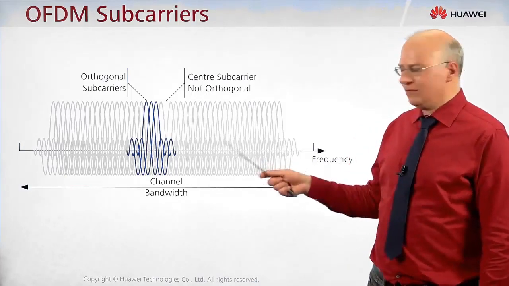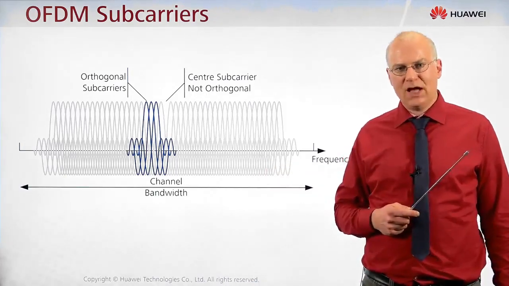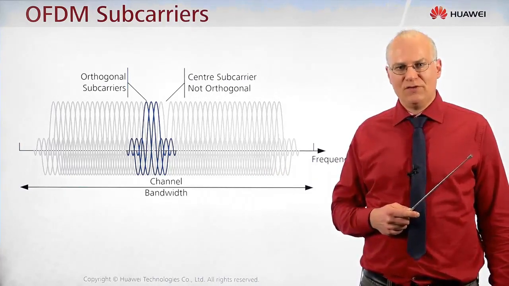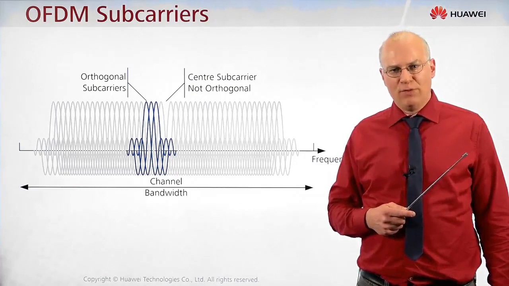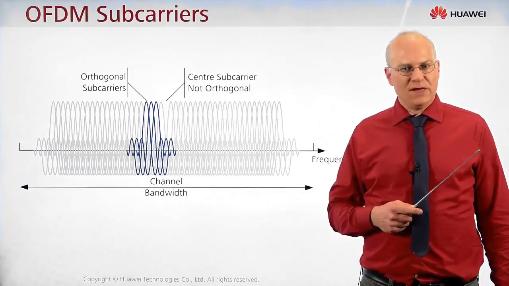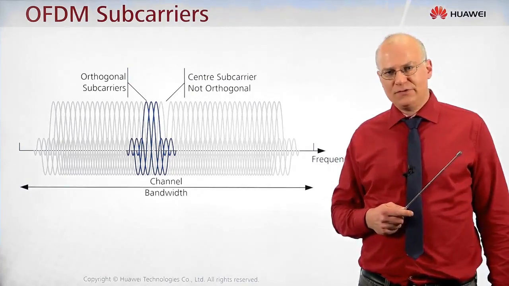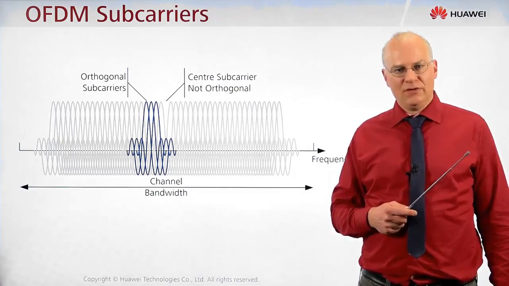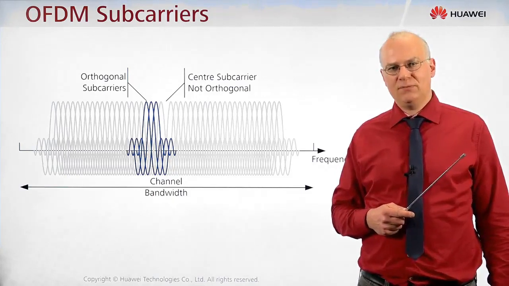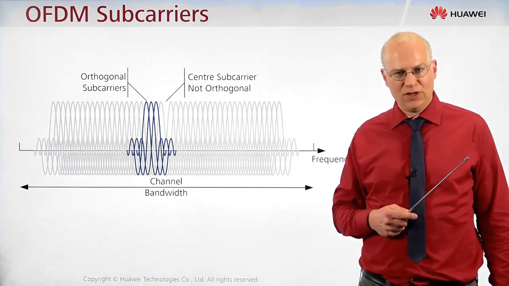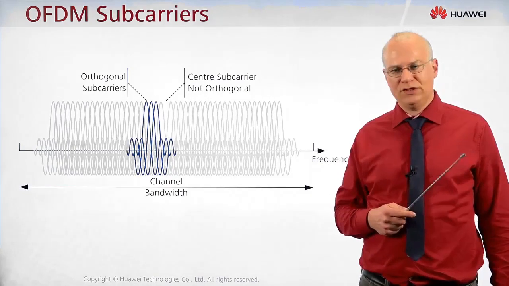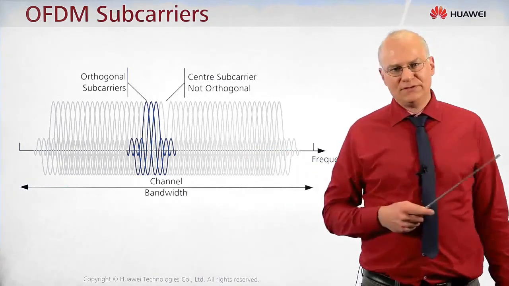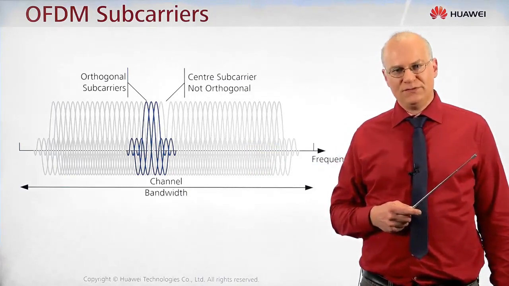At the heart of the OFDM signal are the so-called subcarriers, which are very narrow band. One subcarrier has a bandwidth of only 15 kilohertz. This is very small compared, for example, to a GSM carrier, which has 200 kilohertz. And the spacing between these subcarriers is also 15 kilohertz.